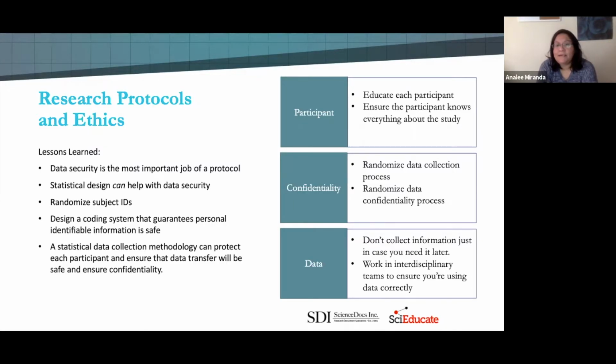But according to the IRB, that was probably not the best use of the study. You want to work in interdisciplinary teams to ensure that you're using the data correctly. So that was one of my first lessons learned: to not try to do everything at once, because that may also automatically disqualify your study.